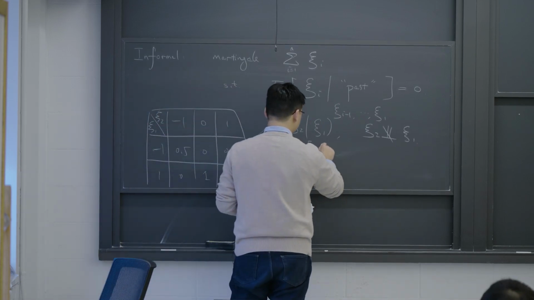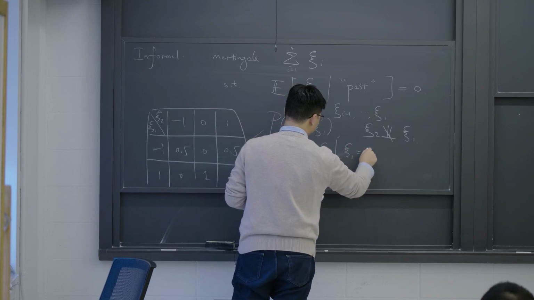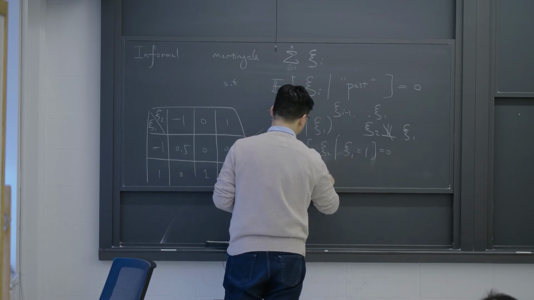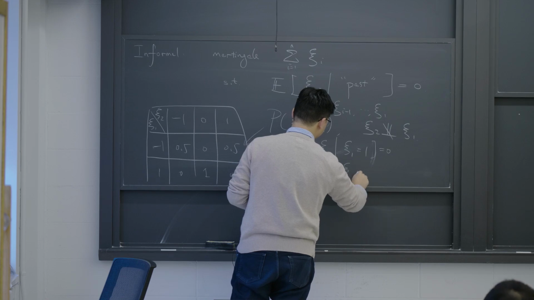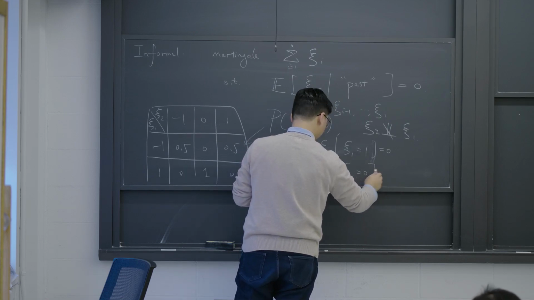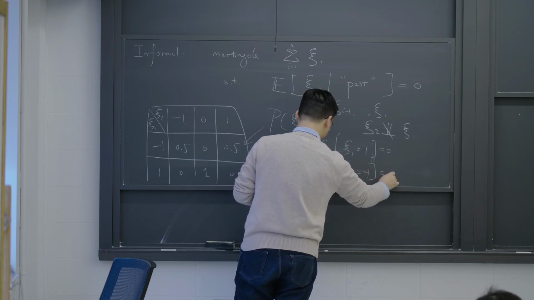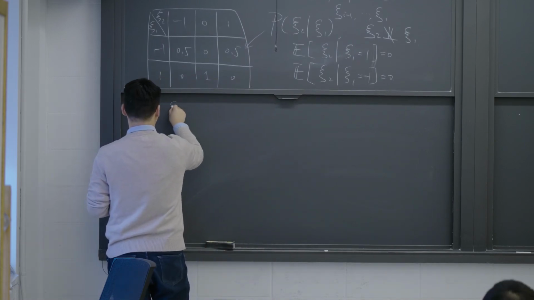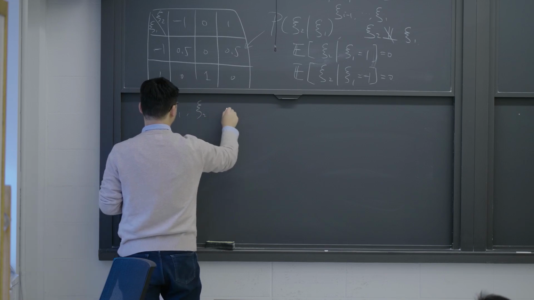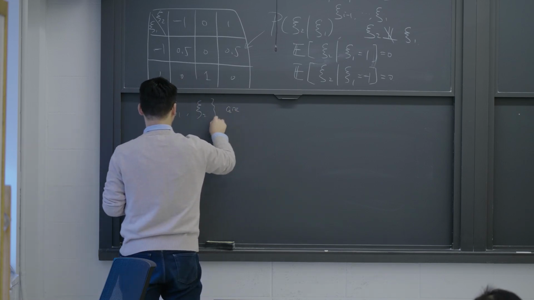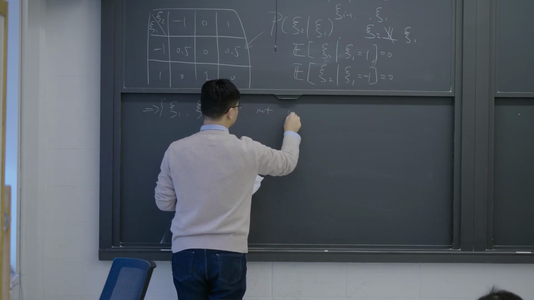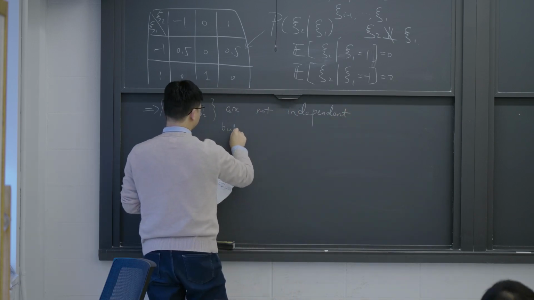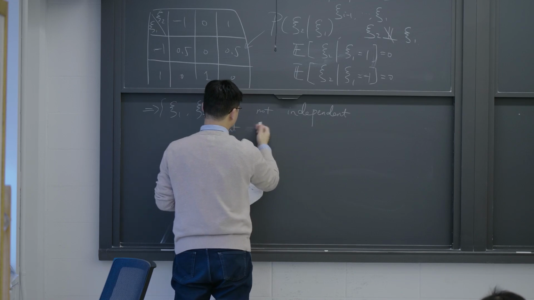But on the other hand, the expectation of Xi2 conditional on Xi1 equal to 1 is 0, and conditional on Xi1 equal to -1 is also 0. So this essentially says Xi1 and Xi2 are not independent, but are a Martingale difference sequence.